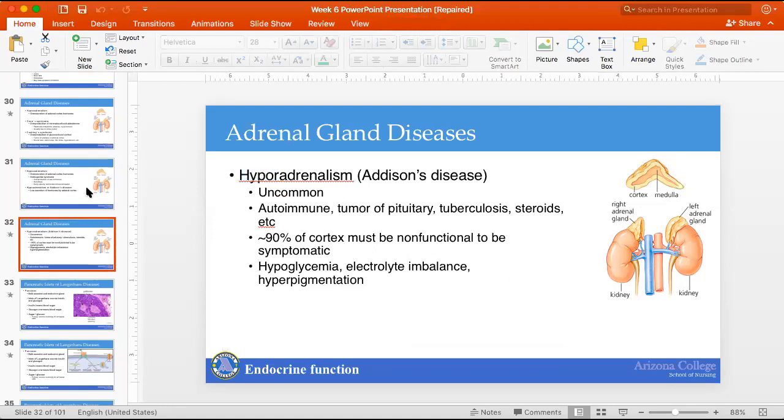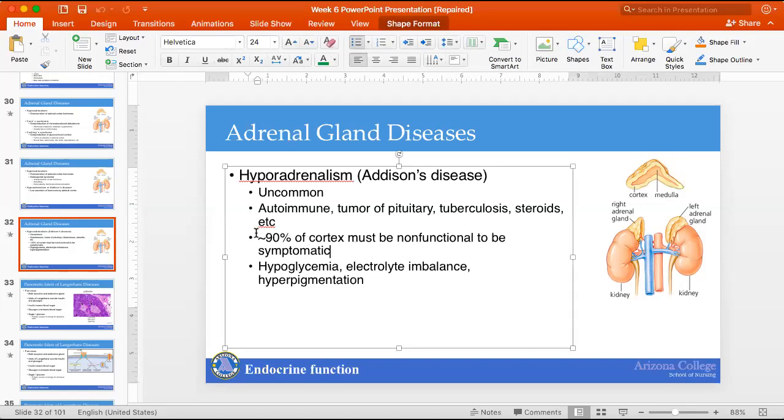Furthering on with Addison's disease: it's uncommon, autoimmune, usually caused by a tumor of the pituitary, but could also be caused by tuberculosis or the use of steroids. Approximately 90% of the cortex must be non-functional to be symptomatic.